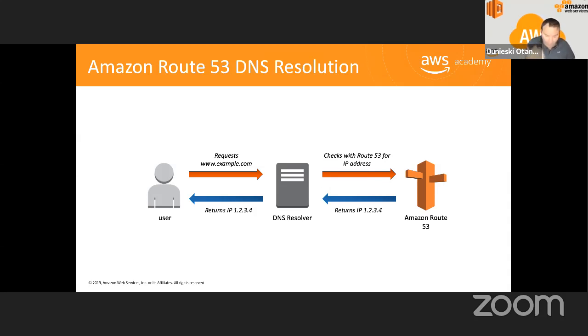You don't have to remember the IP address of every single company. So you just type example.com, or in this case, amazon.com. It comes to the DNS resolver, goes to Route 53, gets the IP address, sends it back to the user, and then the user can access this website. That's basically what happens behind the scenes.